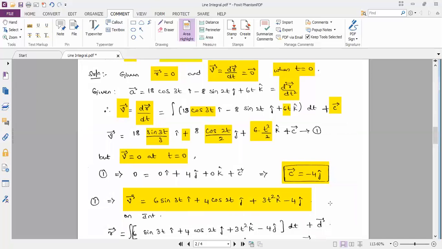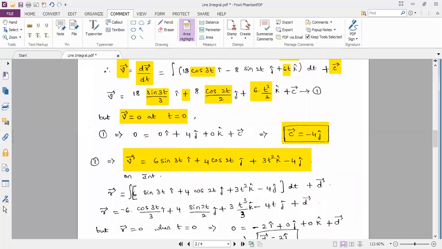Now we integrate once again to obtain the position vector r. Integration of 6 sin 3t: 6 is a constant, writing as it is. Integration of sin 3t is minus cos 3t divided by 3, i cap, plus 4 as it is.